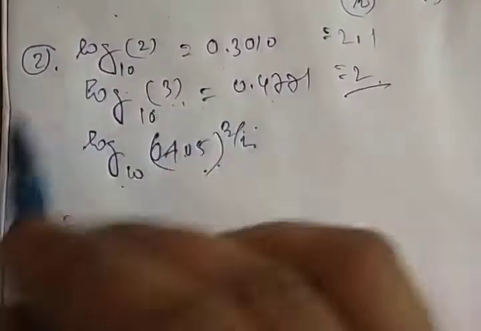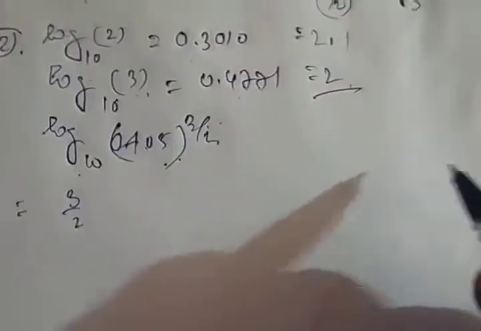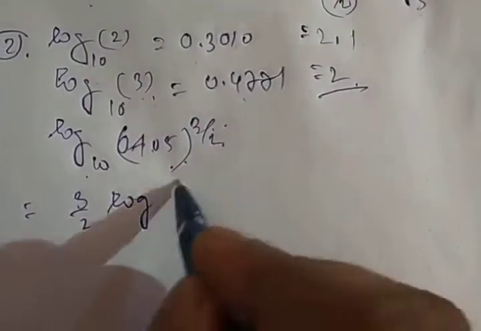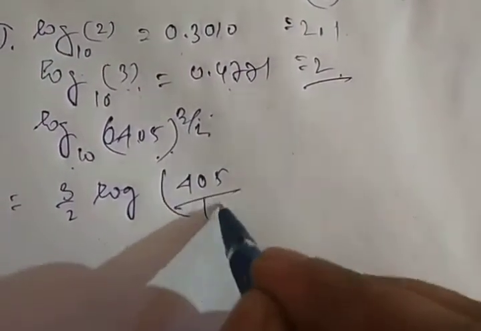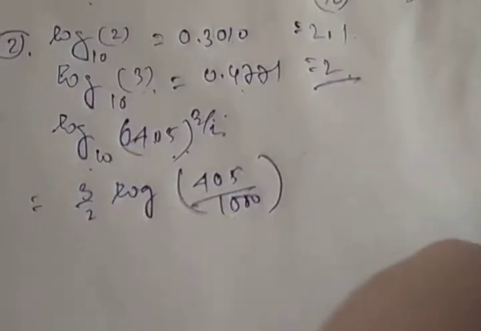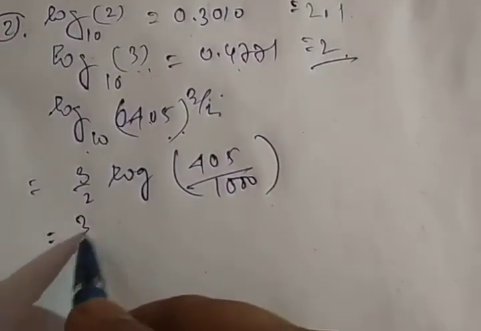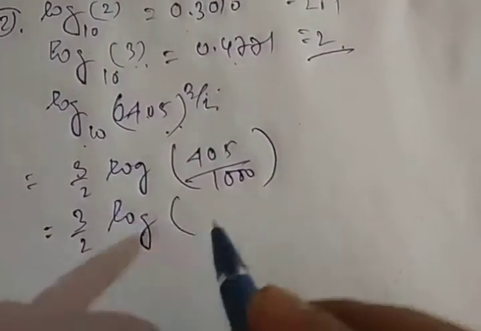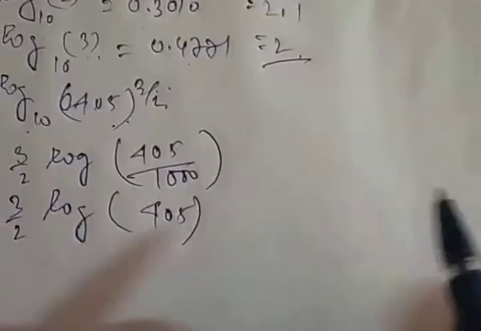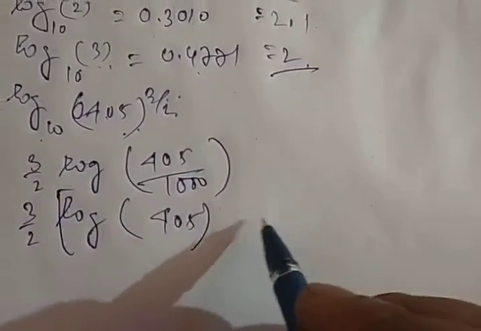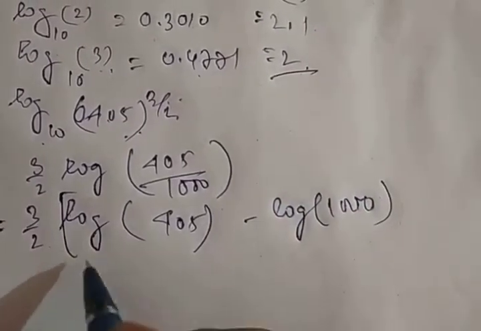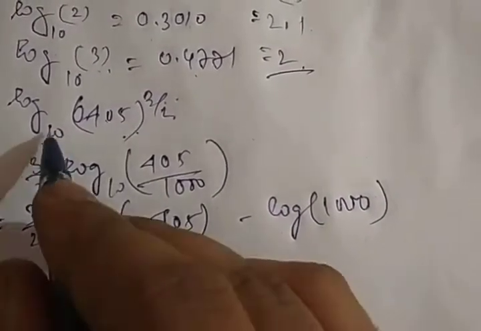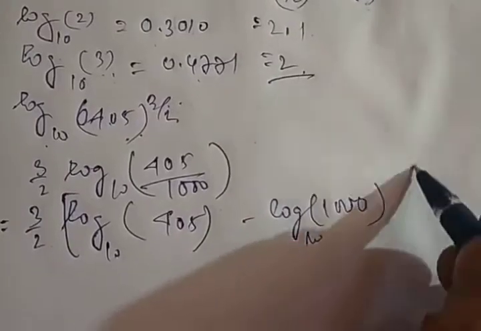First, the power term will be taken out in the front. And 0.405 equals to 405 by 1000, right? So we get 3/2 log of 405 minus log of 1000. Here obviously base 10 is given.